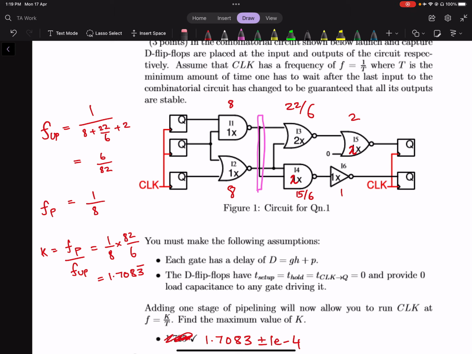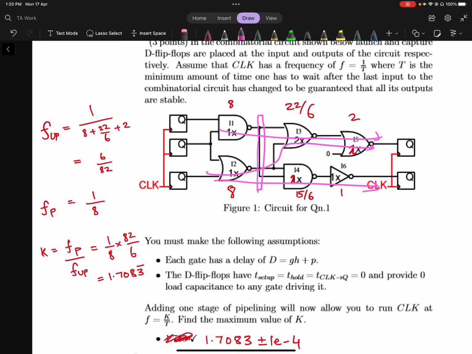So from here, by inspection, you can see that the critical path, which is the path of longest delay, is going to be through I1, I3, and I5. There are basically three paths.